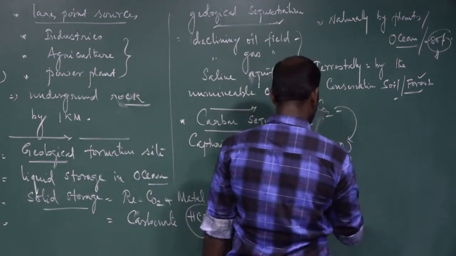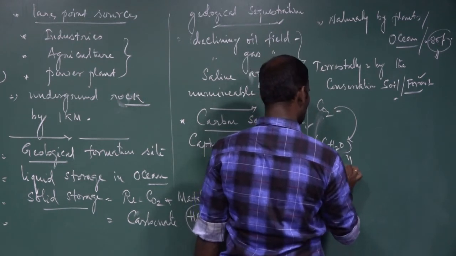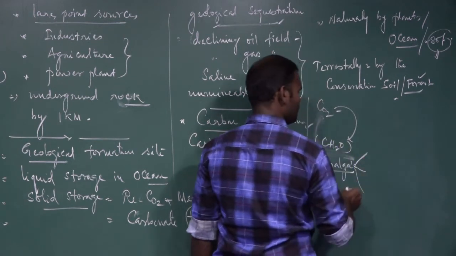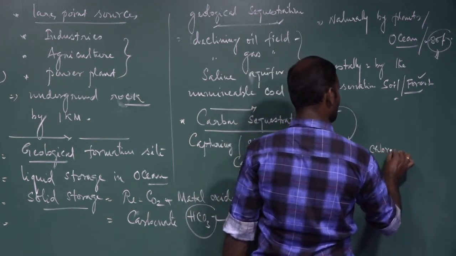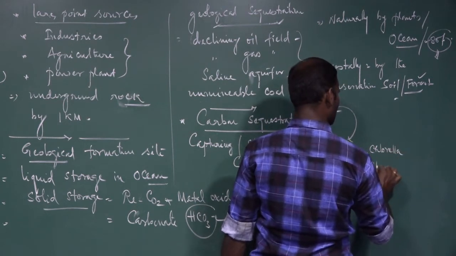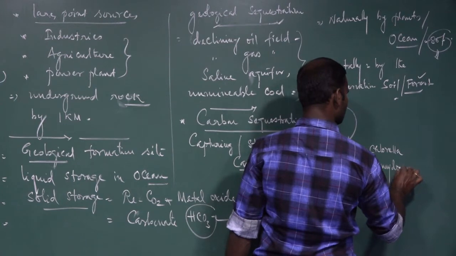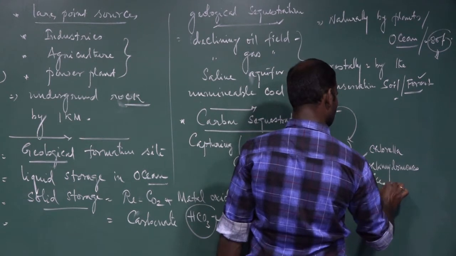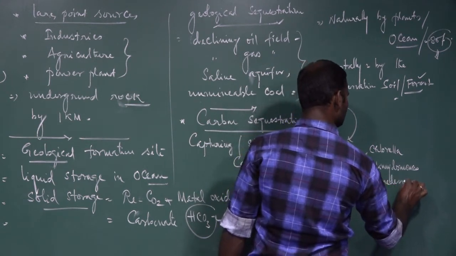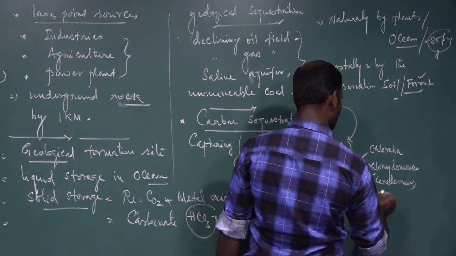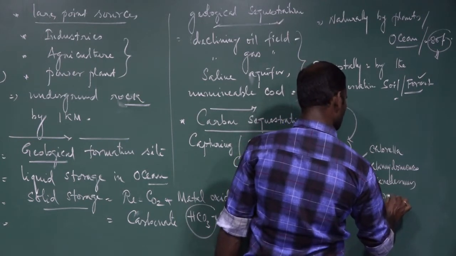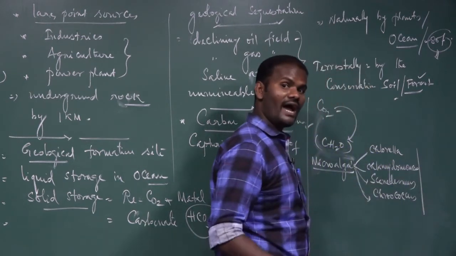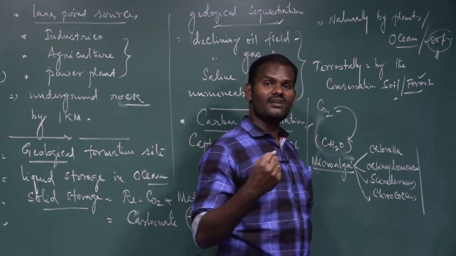For example, certain microscopic algae: Chlorella, Chlamydomonas, Scenedesmus, then Crococcus. These algae have a high capacity to secure carbon dioxide throughout the world.